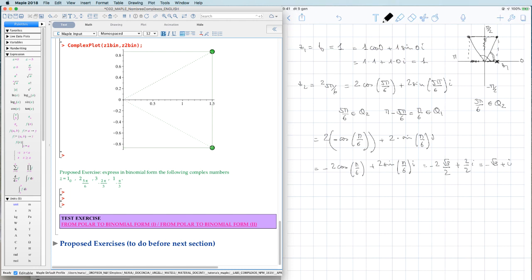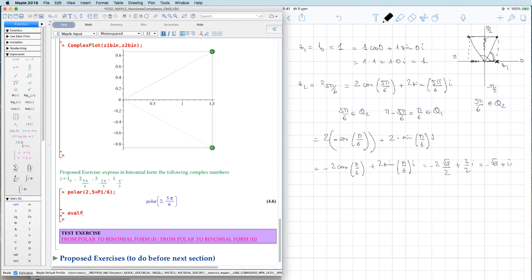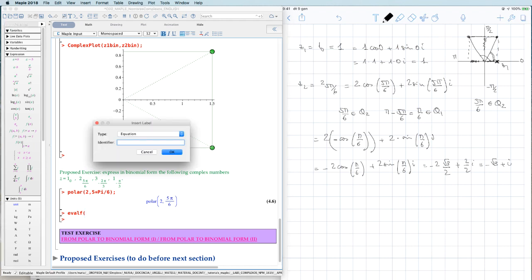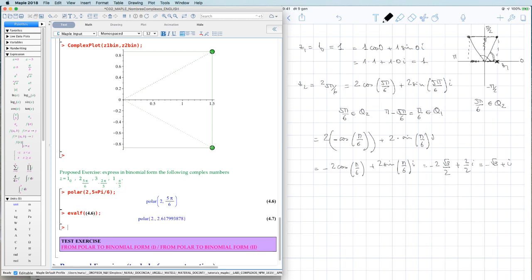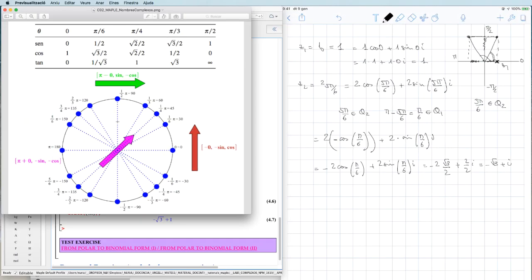I'm going to define the polar 2, 5 pi over 6, and I'm going to evaluate. Remember that Control L introduces a label. And I get minus square root of 3 plus i, as I needed.